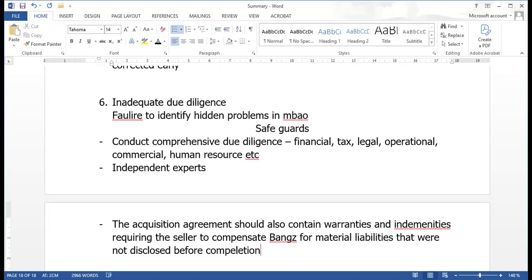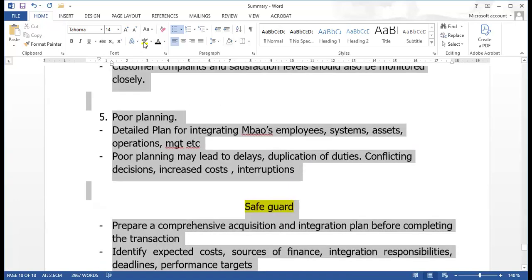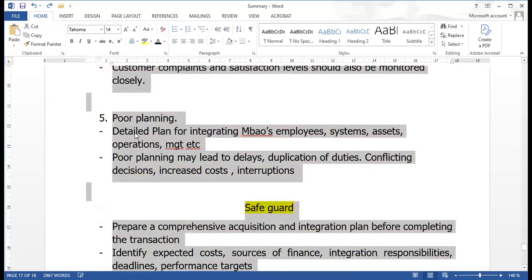Make sure that you have this in your agreement. If you don't disclose something and it affects us, you compensate. Okay. So these are some of the clear points that you can make.